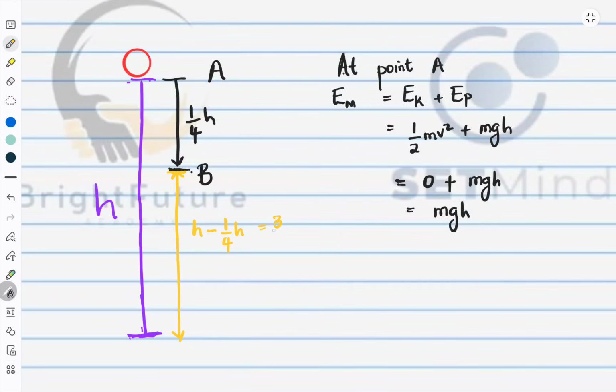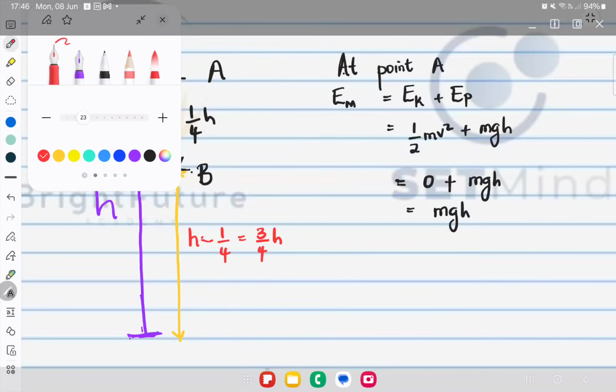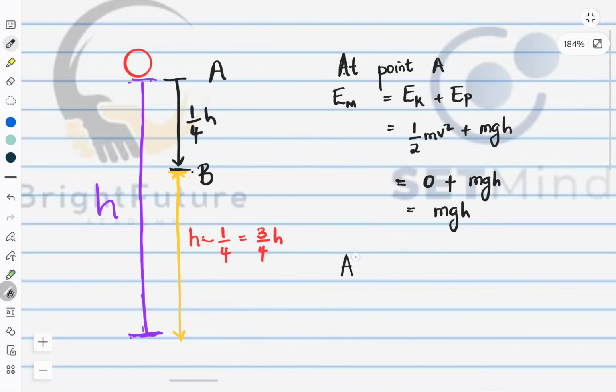Oh, let me use a different color. This one doesn't seem visible. This new height is h minus 1/4, which is 3/4 h. Right, so that's our new height. That's the height we will use to calculate the potential energy at point B. Right, so we can go to our point B now and start finding at point B.